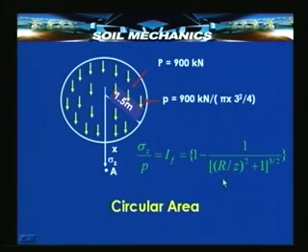According to this formula, IF is 1 minus 1 upon R upon Z whole square plus 1 to the power of 3 by 2. R is 1.5, depth is 10 meters.